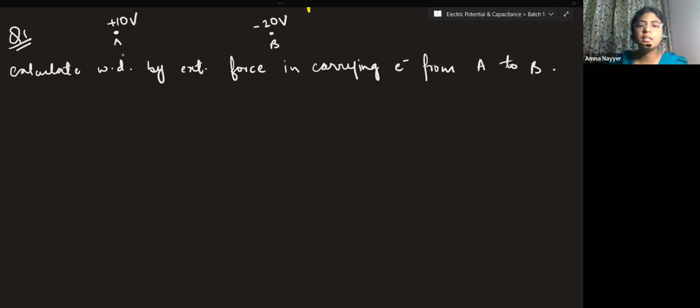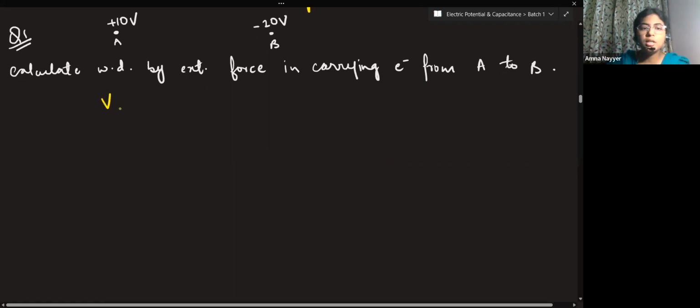See, work done by external force in carrying electron from A to B. Potential VA is given to you as 10 volt. Potential at B is given to you as minus 20 volt. So work done by carrying the electron from A to B means final potential minus initial potential will give you the potential difference.